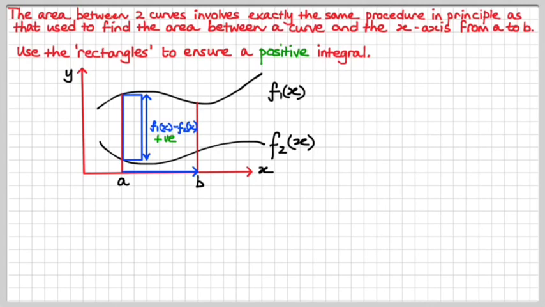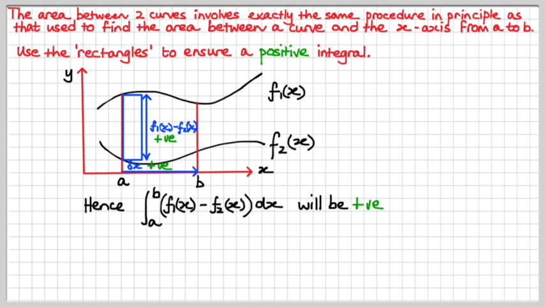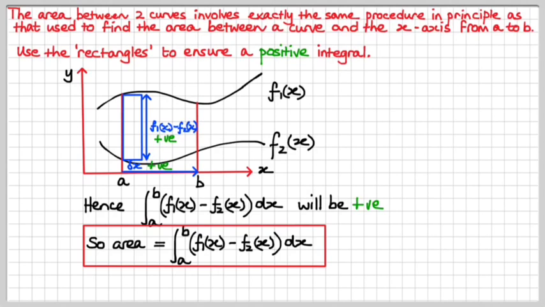And in terms of x, if we're integrating from left to right in the positive x direction, as you would see on a number line, then our delta x, the widths of our rectangles, will be positive. So in this instance we have a positive height and a positive width, and therefore we know that our integral, as shown there, will be positive. So the area is equal to the integral if we integrate it in that way.